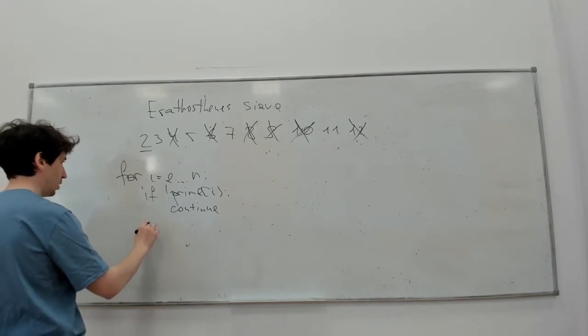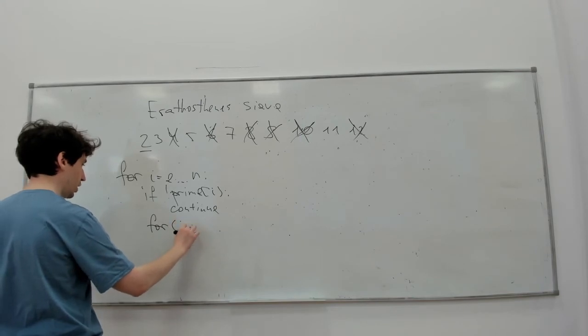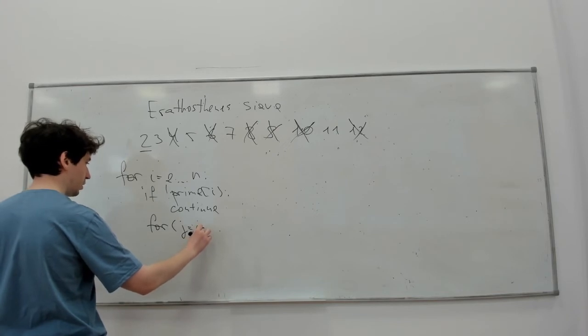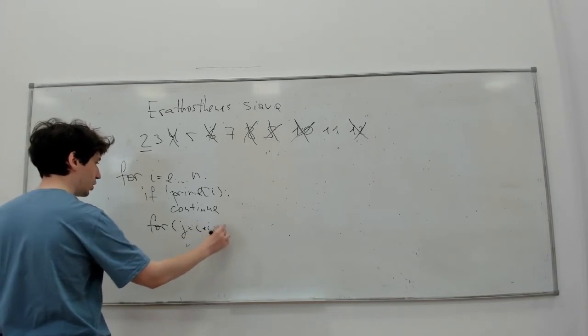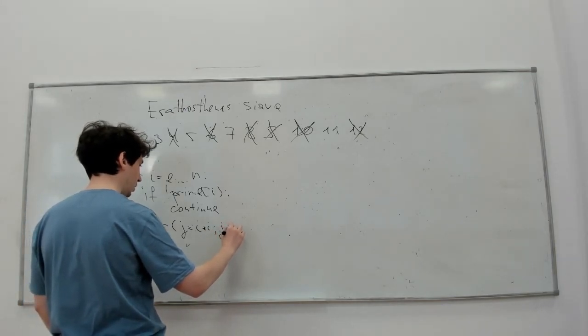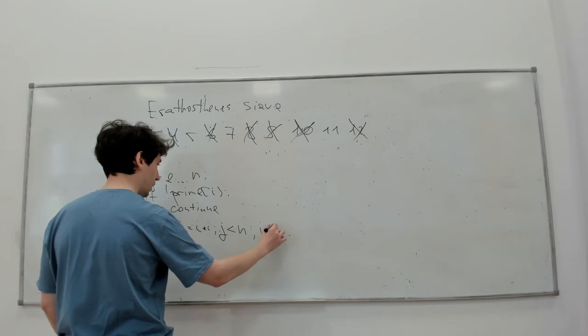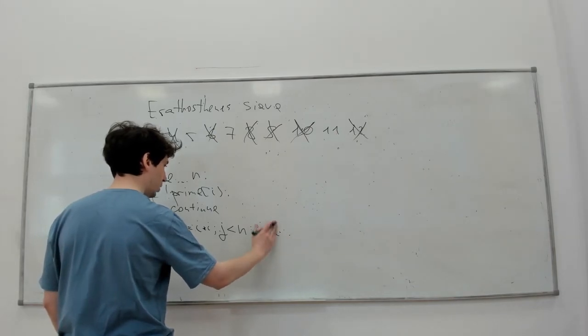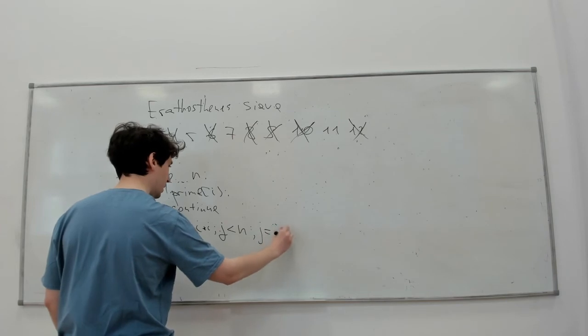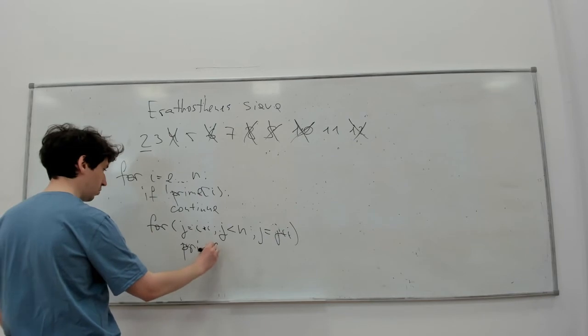Otherwise, we go for j equals i times i, j less than n, j equals j plus i. Then we set prime j.